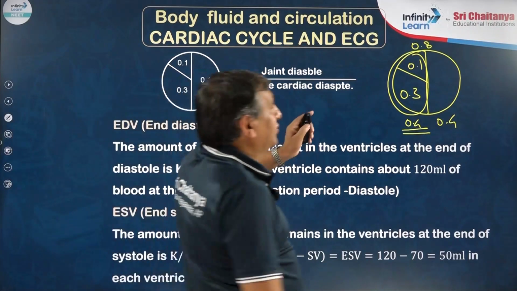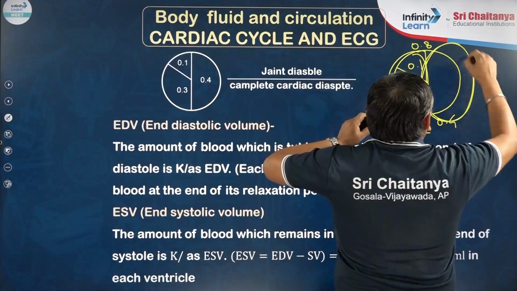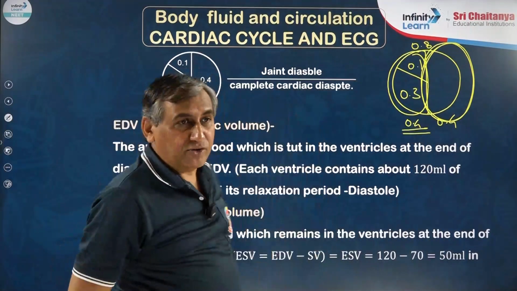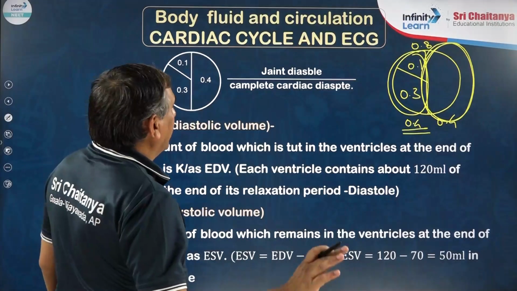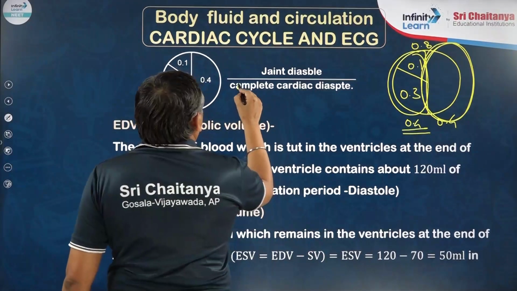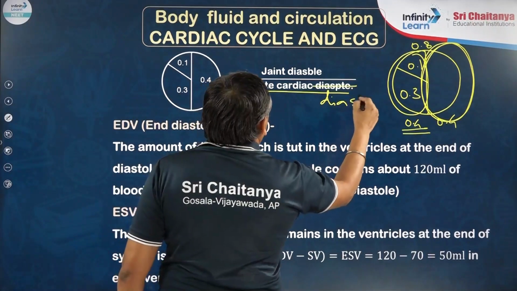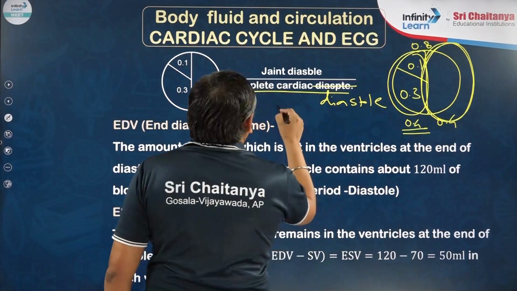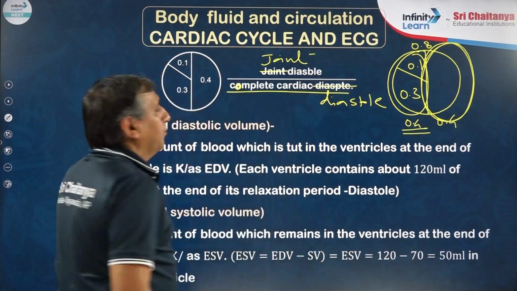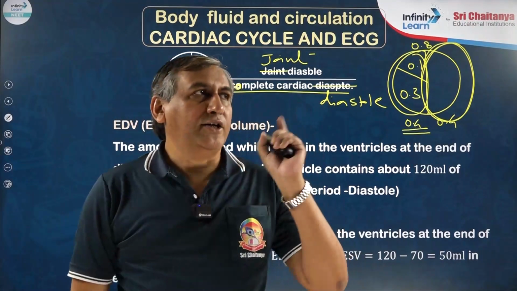It means there is 0.4 second remaining. In these 0.4 seconds, all four chambers of the heart are in a relaxed condition. It is known as the complete cardiac diastole, or the joint diastole.